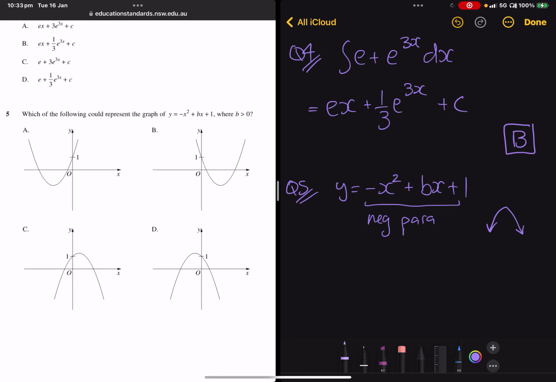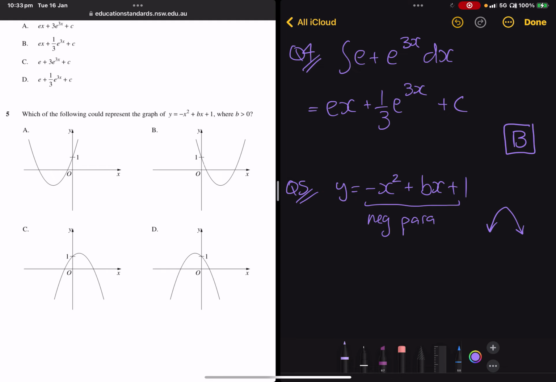Then the question is, does the b shift it to the right or to the left? Now this is an interesting question. This is something which in theory you could just know, right? So you could have memorized how this works. If you haven't memorized this and you have some reasonable familiarity with the HSC course, you can use derivatives here.